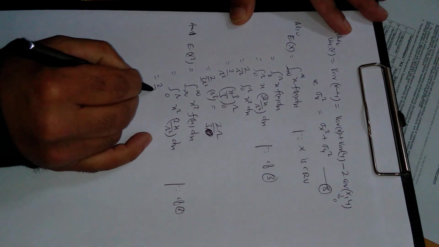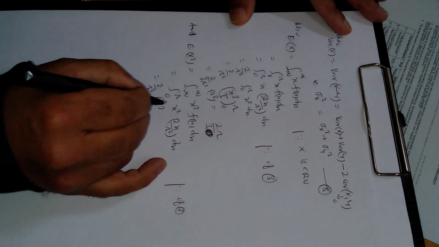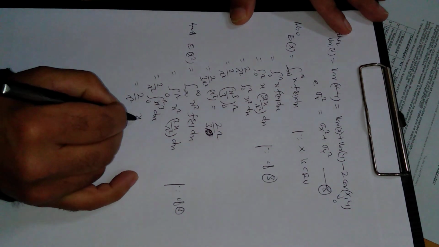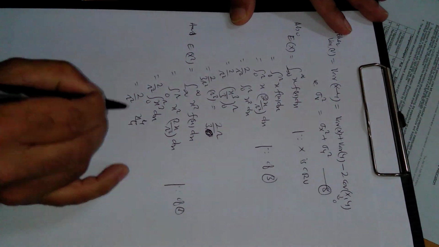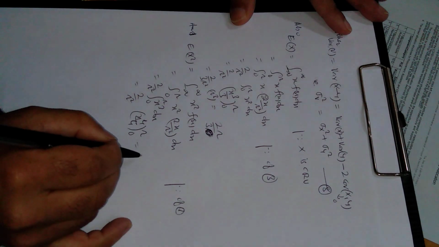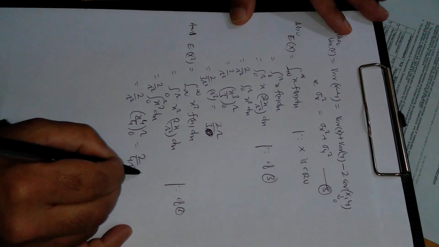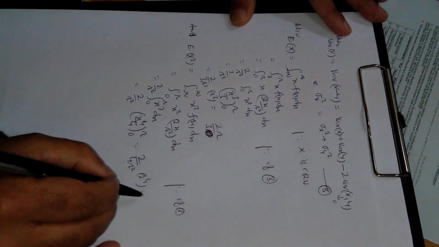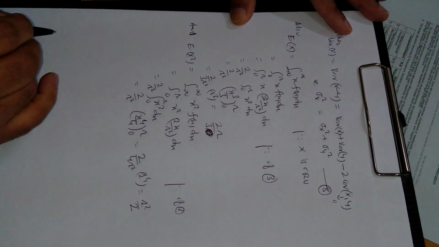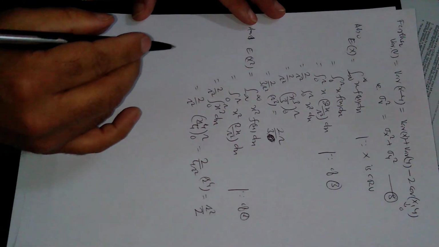Now 2 upon r square is constant, so we integrate x cube from 0 to r, which is 2 upon r square times x to the 4 upon 4, from 0 to r. This is 2 upon 4 r square times r power 4, so this will be r square upon 2. This is E of x square.